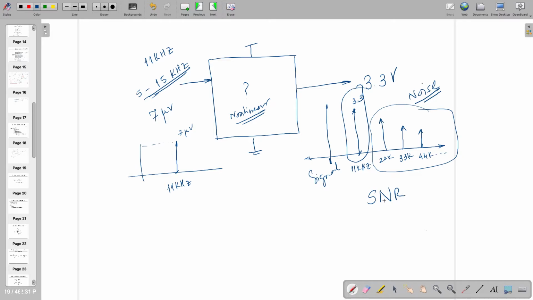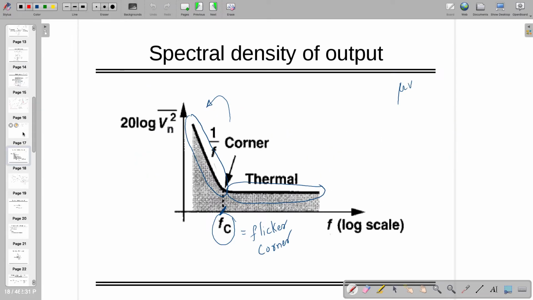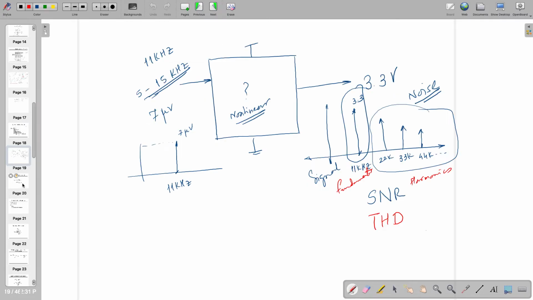Sometimes all these power electronics people don't like to call it SNR, but they deal with total harmonic distortion, which is also one derived function of this noise and fundamental, right? And harmonics. So if you are dealing in that, and if there is this extra noise, even though you are keeping your system off, I haven't given anything, still I am going to see some frequency components, right?